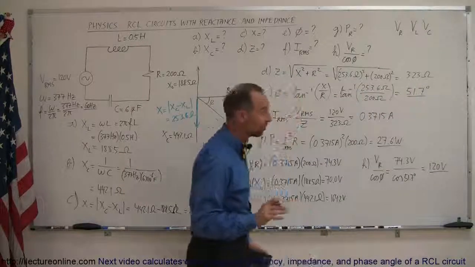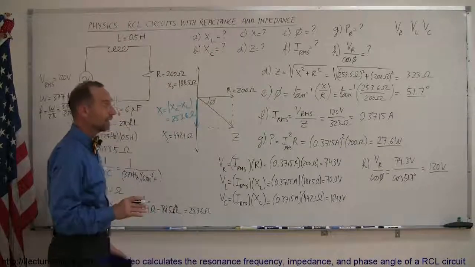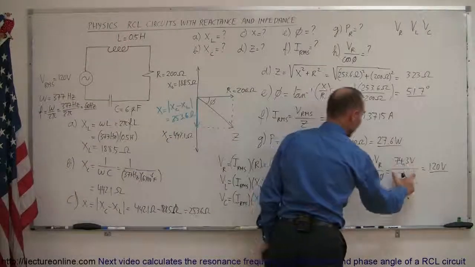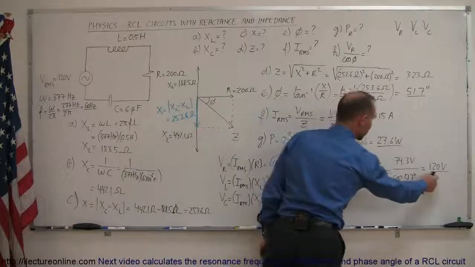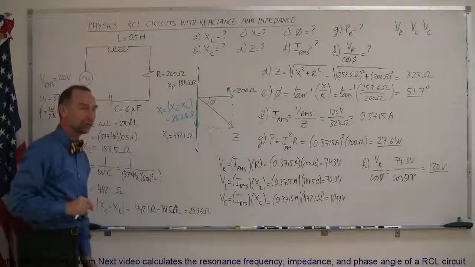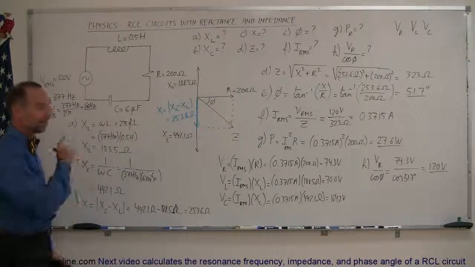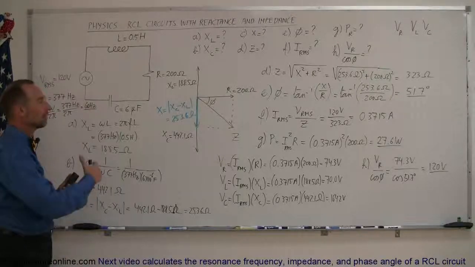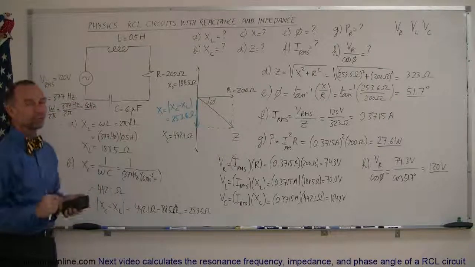So to see if you did your problems correctly, in the very end, if you take the voltage drop across the resistor and you divide it by the cosine of the phase angle, you should get back the RMS voltage from the voltage source. And if you do that and you get that same number, then you did the problem correctly. Okay, and that's a good representation of the voltage drop across the whole circuit.